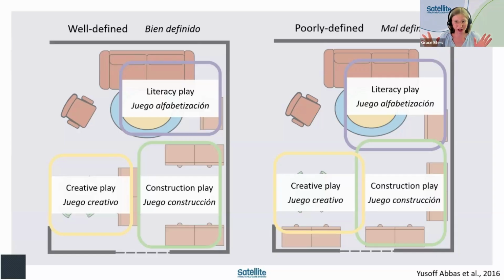Every space is going to be different. So depending on the size of your indoor environment, you may have room for fewer areas or more, and you may rotate out some. You may also have a separate room that has additional areas. This is just to get us thinking about how furniture arrangement and the visual spatial setup of your space impacts children's behavior.